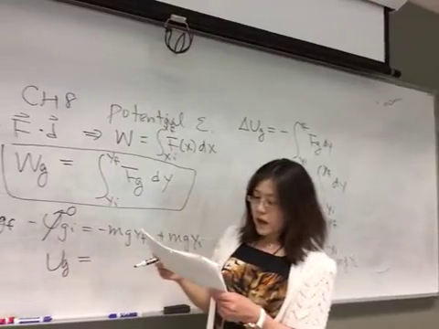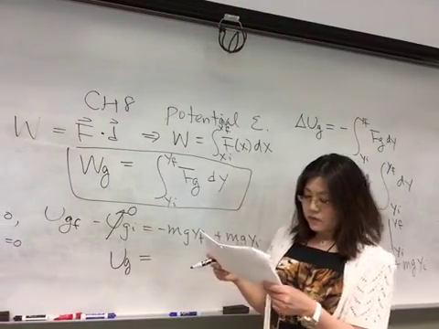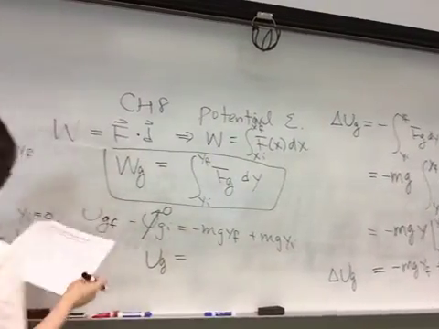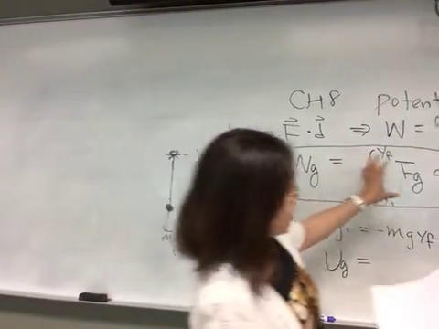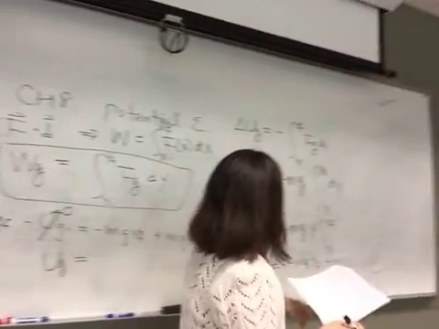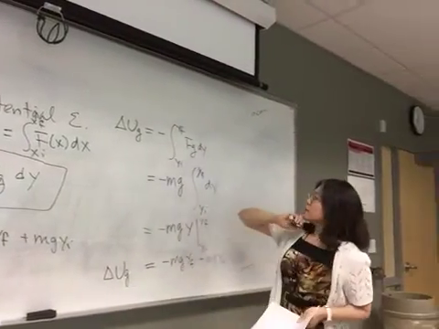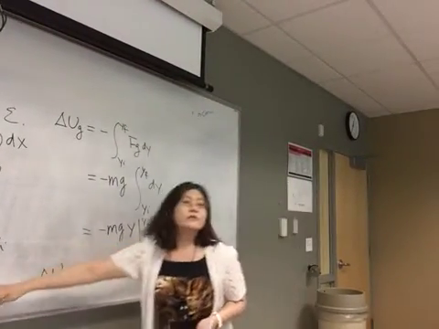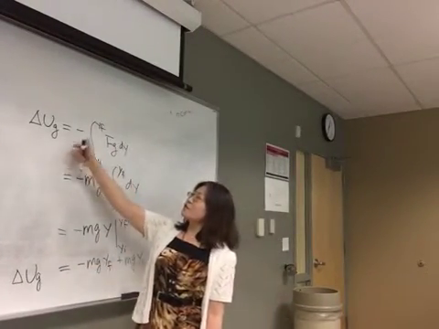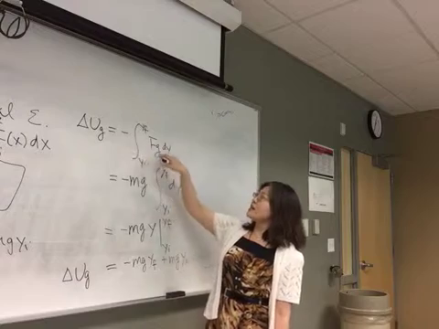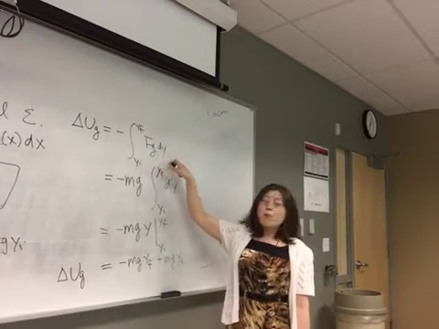and I think I'm missing a sign. Why am I missing a sign? Let me see. Oh, okay. Do you know why I'm missing a sign? Sorry, can I go back here? So this is the definition. Your delta UG is negative integral of FG dy.